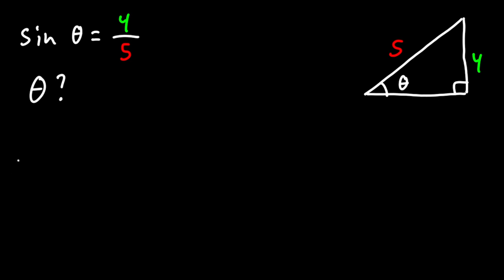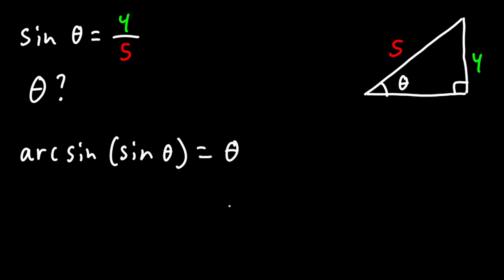Recall one of the inverse theorems. Arc sine of sine theta is equal to theta. Since we know sine of theta is equal to 4 over 5, we can replace sine of theta over here with 4 over 5. Arc sine of 4 over 5 is equal to theta.